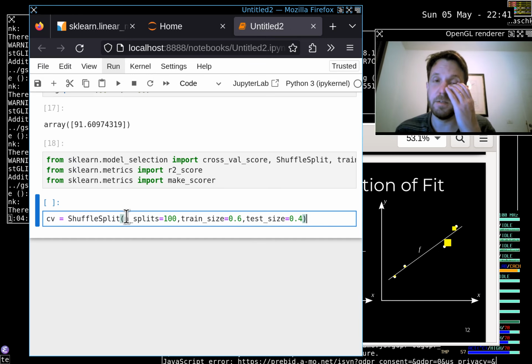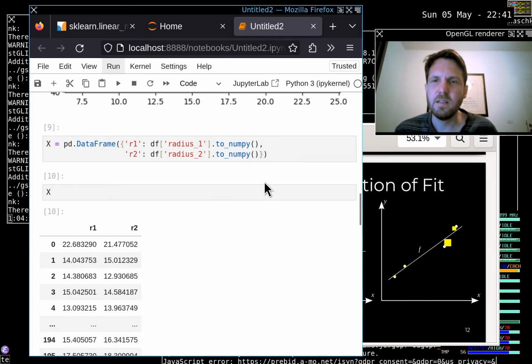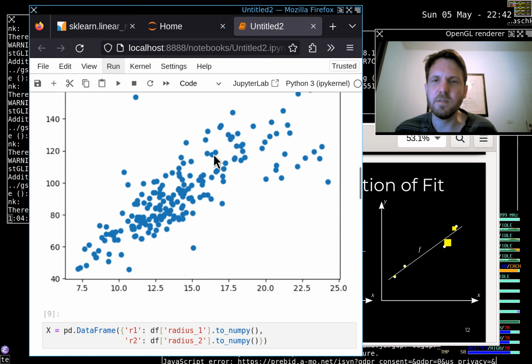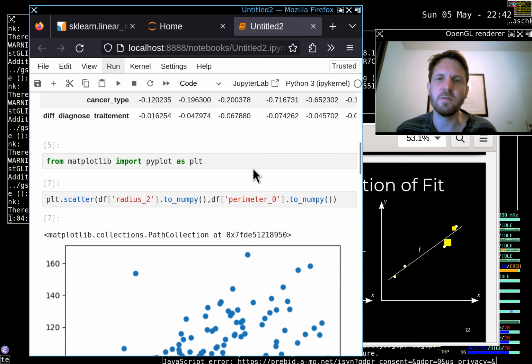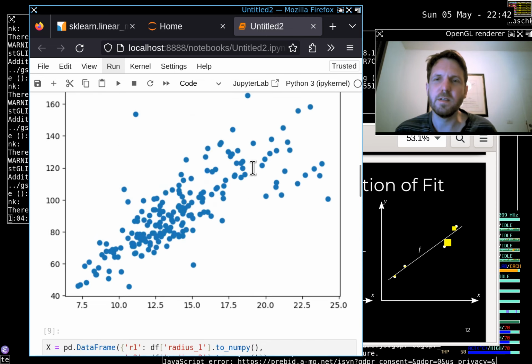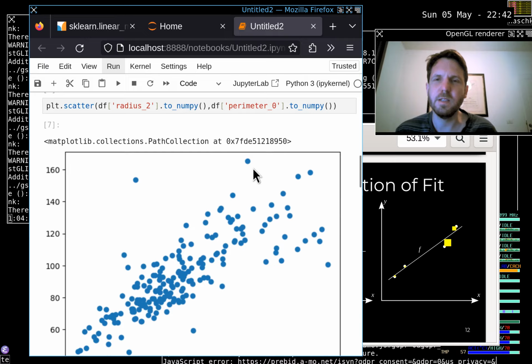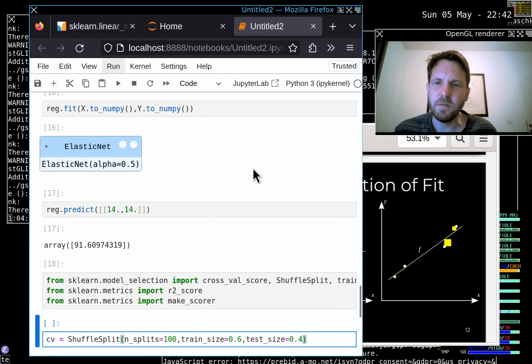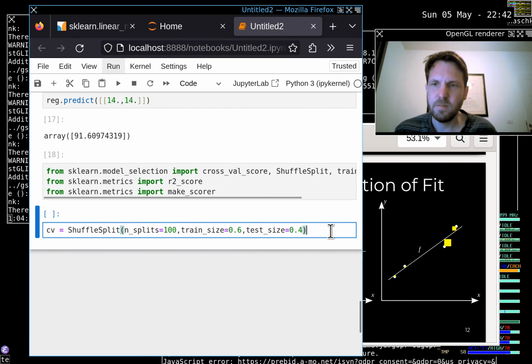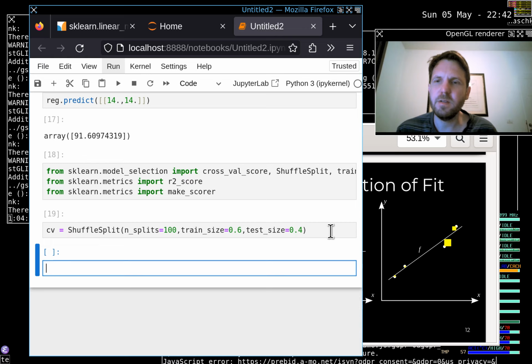We have very few values, but if we take 60%, we should be able to predict the next 40%. This is kind of what we want to do here. And then we have our cross-validation.